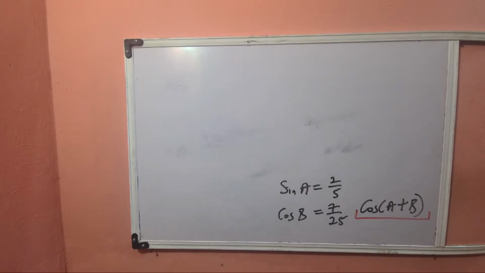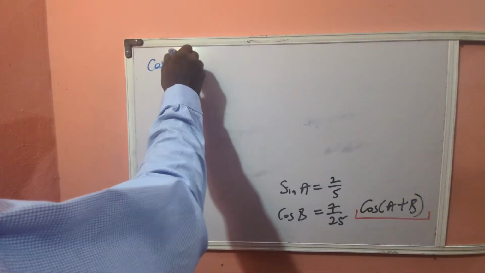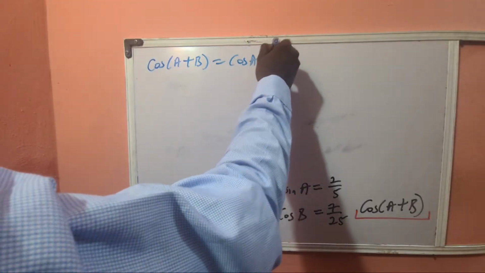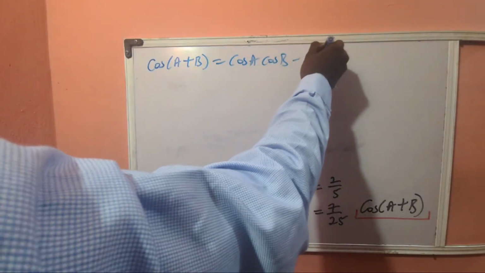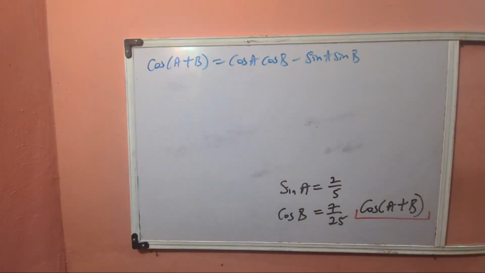So if you go through your identity, can anybody state the identity for this particular compound angle, cos A plus B? Of course, cos A plus B is equal to cos A cos B minus sine A sine B. Now, there's a little work you have to do.